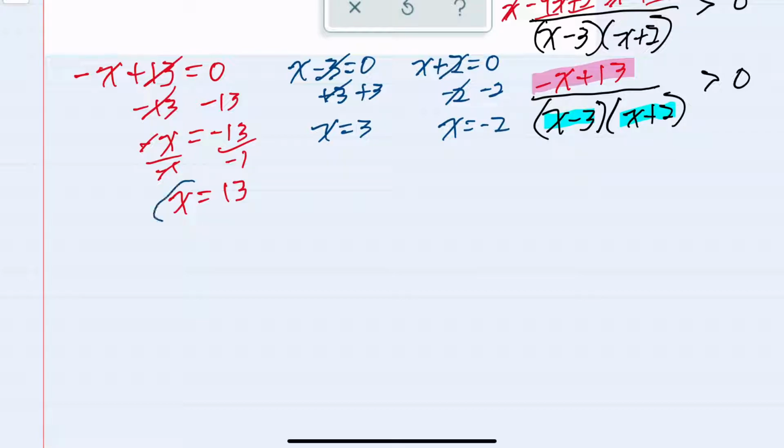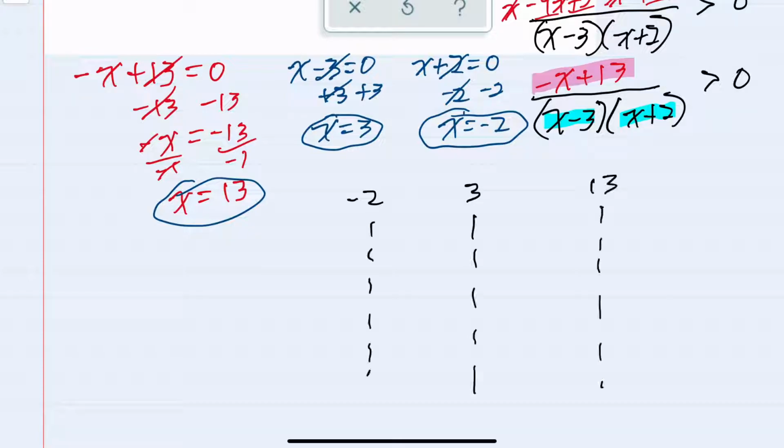So I have these 3 points of interest where a factor on the left-hand side would be 0. I would want to create a table with each one of those 3 factors from smallest to largest, and then look at what happens to each one of these factors over the different areas. Starting with that numerator, we have negative x plus 13. If I plug in a value here for x that is larger than 13, like say 14, that would be a negative 14 plus 13.